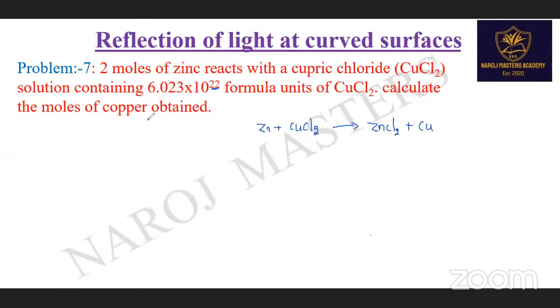So we need to calculate how much copper is obtained from this reaction. So first balance the chemical equation here. Zn, Cl2, Cl2, copper, copper. Yeah, it is balanced already.